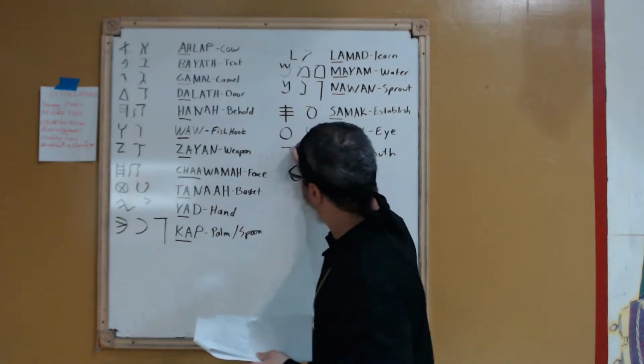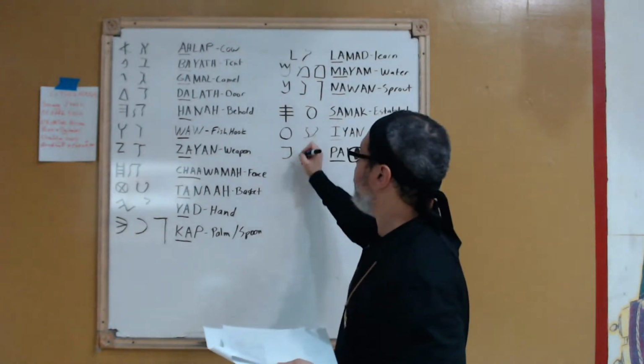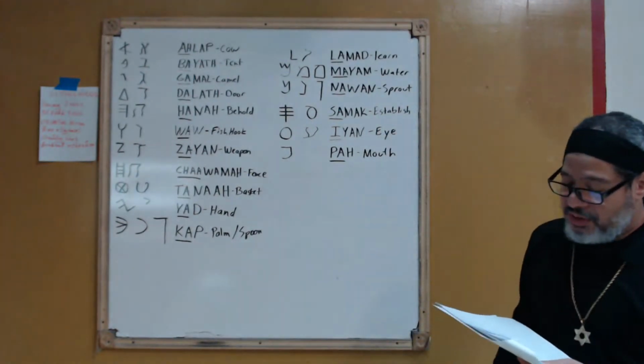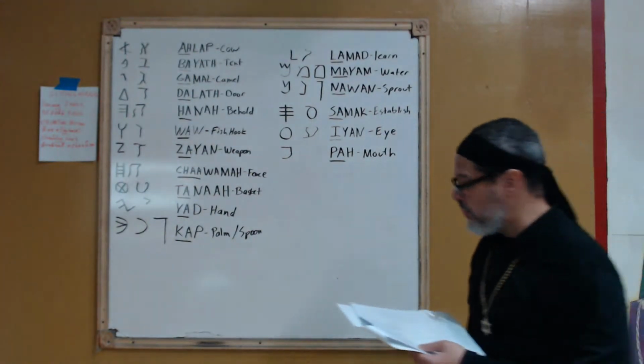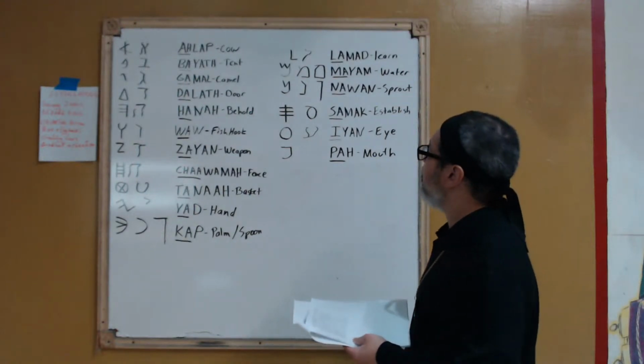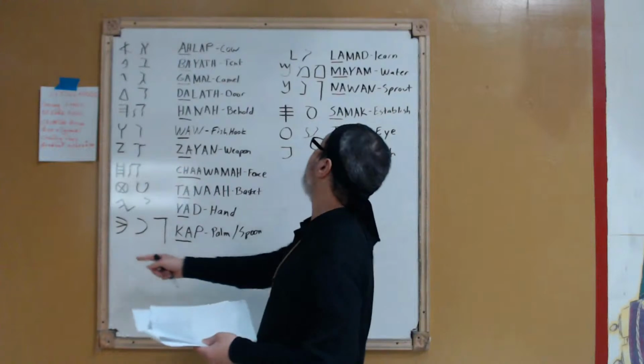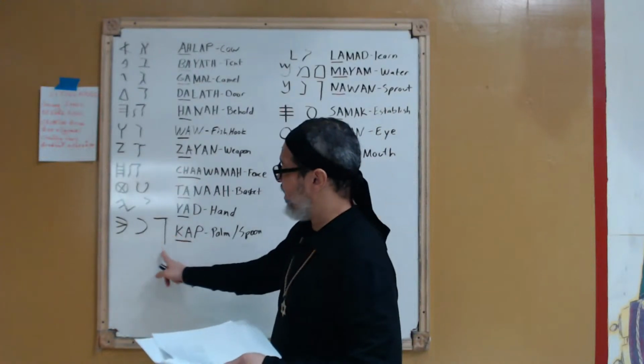So it's 1 over, down almost like a J in a way. That's the pa sound. Now, the modern version has 2 variances, one to use throughout, like this, and one to use at the end of the word.